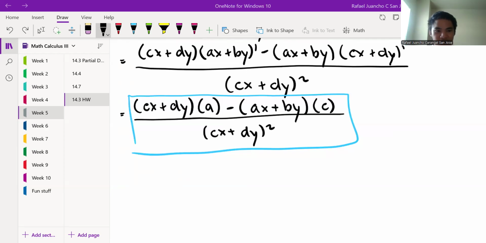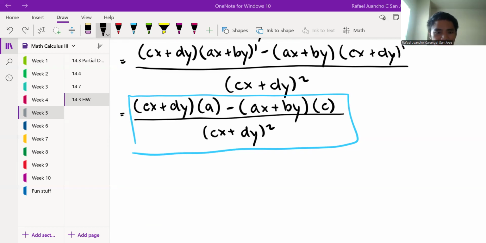Okay, so let me quickly type that in. CX plus DY. Then I have my A minus my AX plus BY, C. And I do over CX plus DY, and I square that.